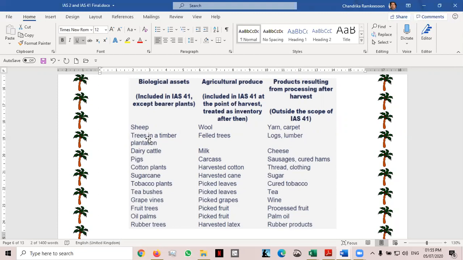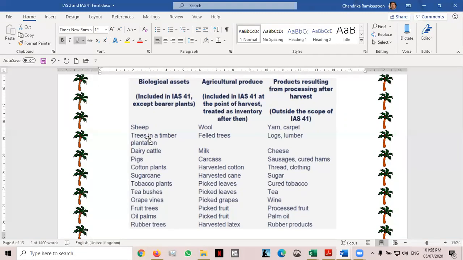And then on the other hand, just as you saw, the standard says that if a tree itself is grown specifically, remember it's a living entity. Again, it's not a neuter gender or anything like that. It's actually living.